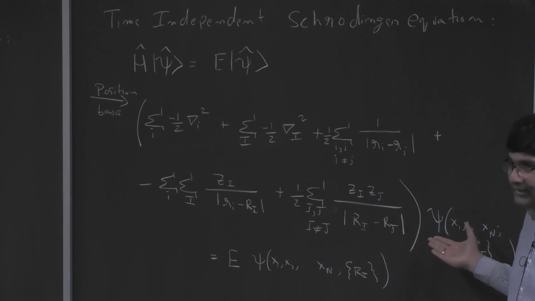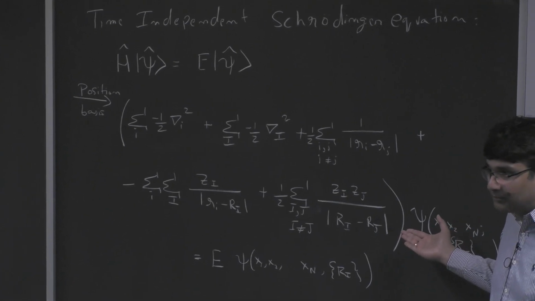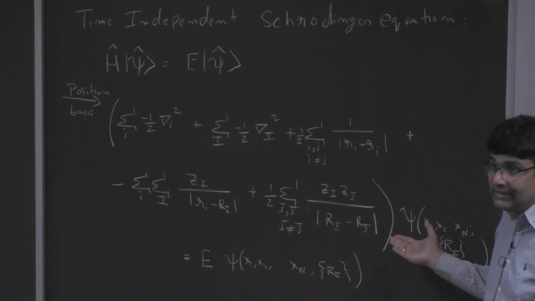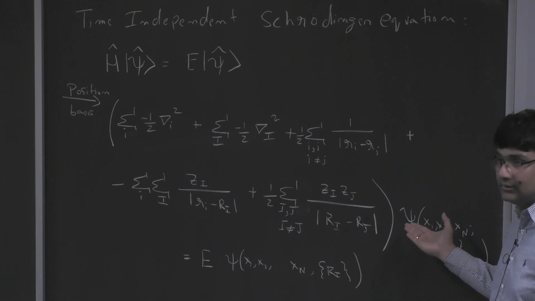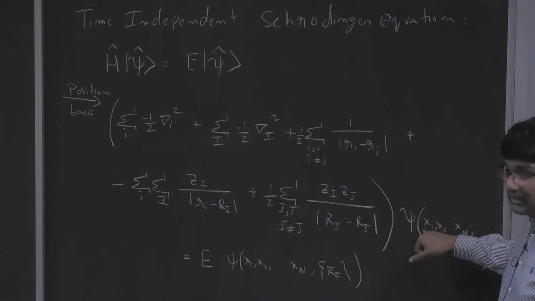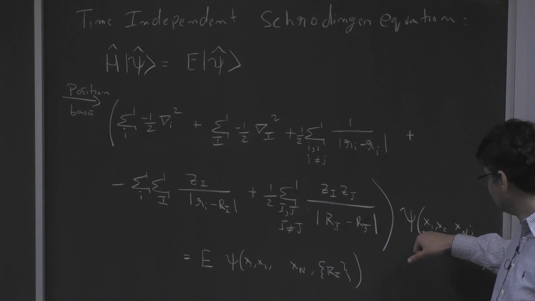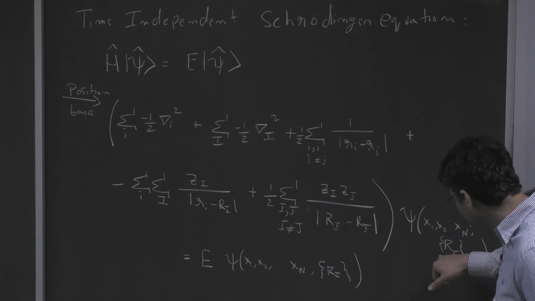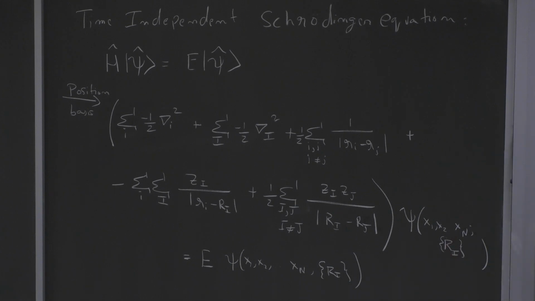This is considered to be the state vector, and once you have it, the expectation values, the standard deviations and other things of any observable can be computed using this wave function. This wave function is a multidimensional function, so it depends on the positions and spins of all the n electrons, as well as the positions of the m nuclei.